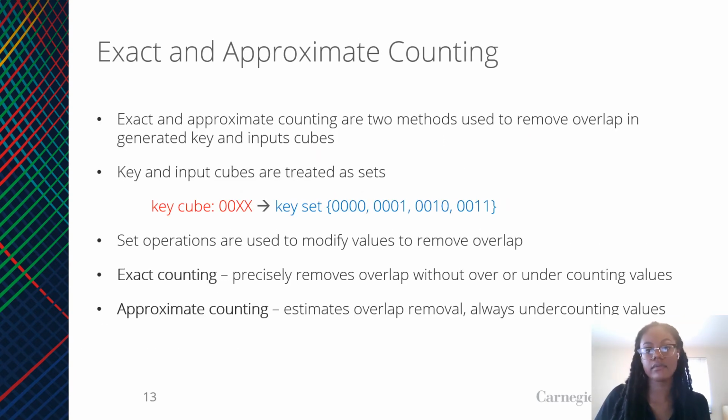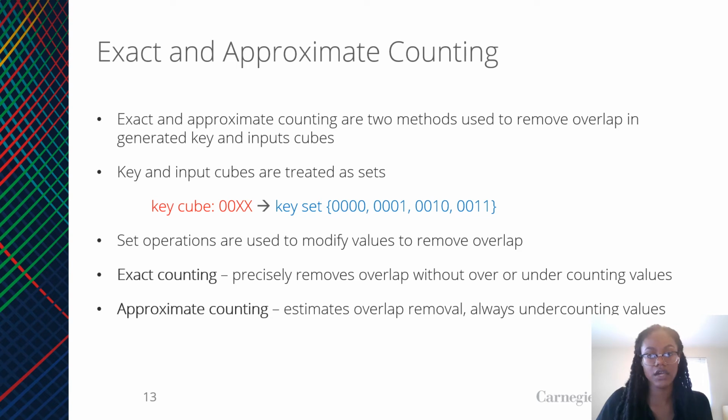We have developed 2 processes to remove the overlap in the generated inputs and keys, and these are exact counting and approximate counting. These algorithms work by treating the keys and the inputs as sets. For example, here you have the key cube 0xx, and this is equal to the key set shown here of 4 values. Then, to remove the overlapping values from the sets, set operations such as set union, intersection, and difference are performed.